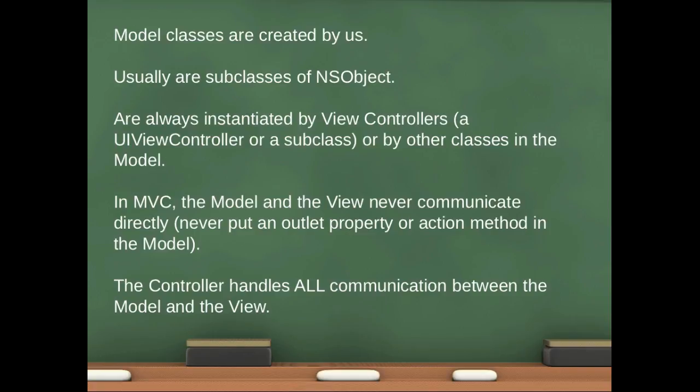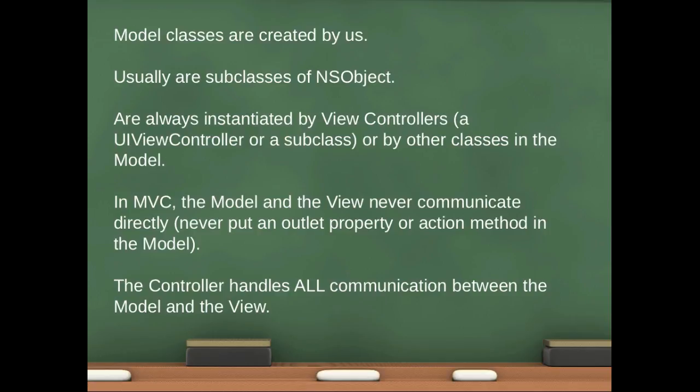In Model View Controller architecture, the model and the view never talk directly to one another. In other words, we would never put an outlet property or an action method in a model class object. We put the outlet properties and the action methods in the controller, and we never allow the model and the view to directly communicate.